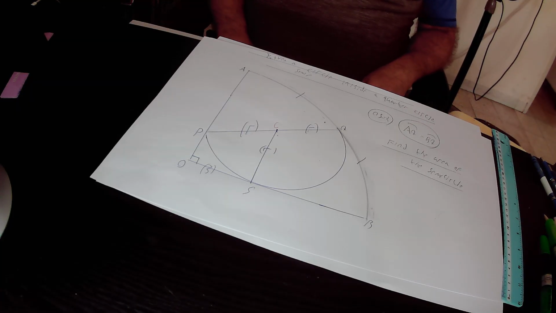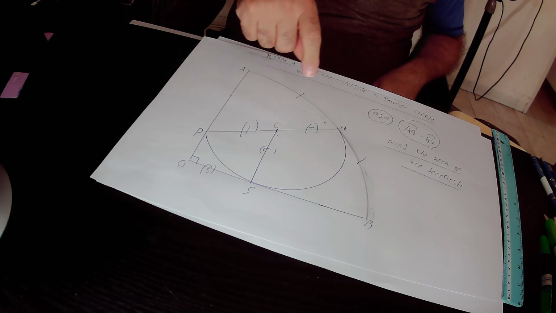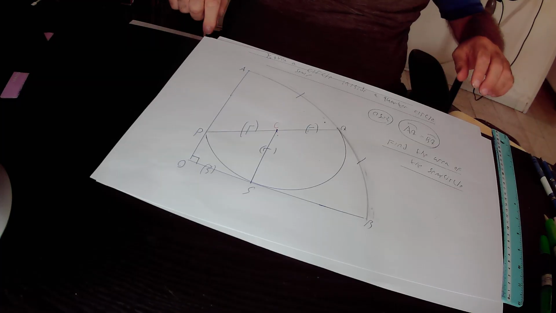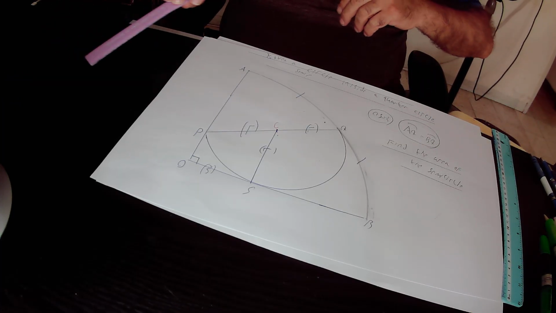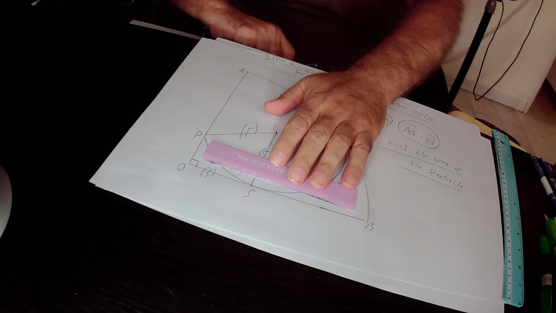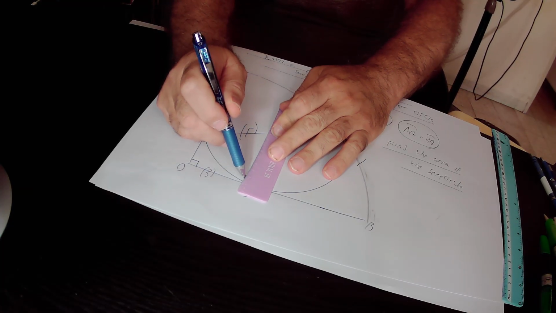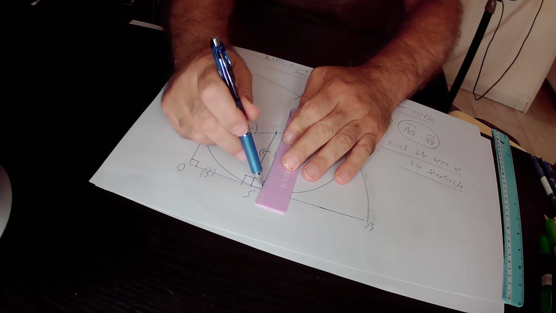Whenever a radius is drawn to the point of tangency, the tangent OB will be perpendicular to the radius SC. If OB is perpendicular to SC, it means that this angle equals 90 degrees in its size. And this angle also equals 90 degrees according to rule 1.